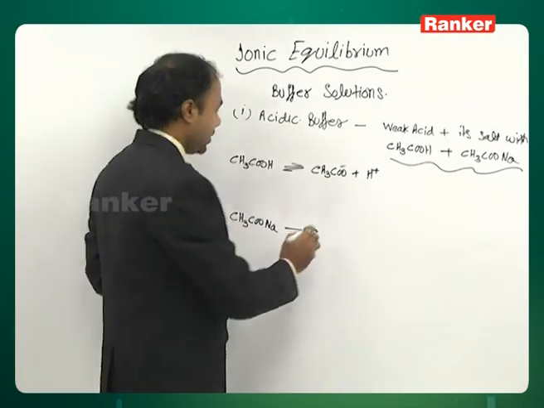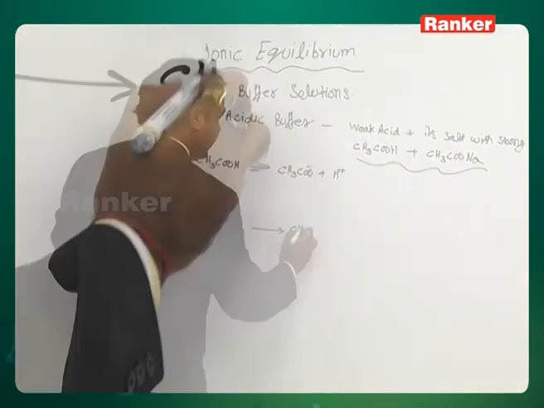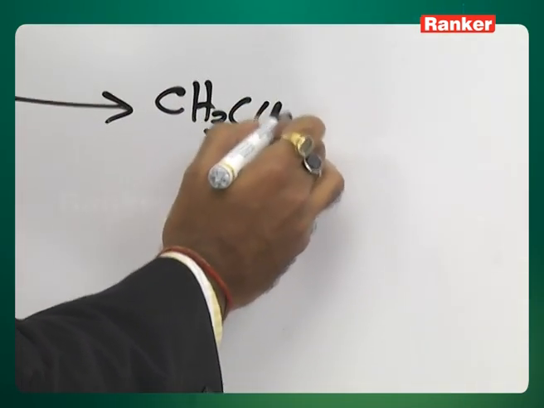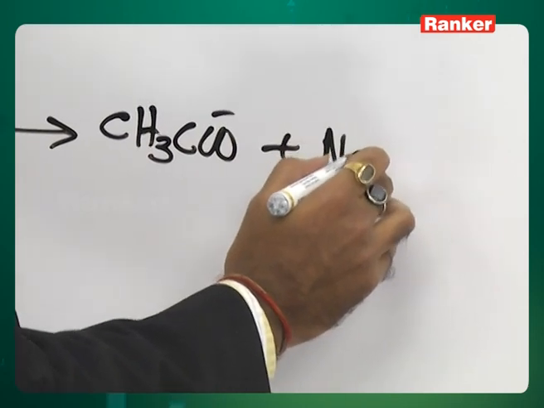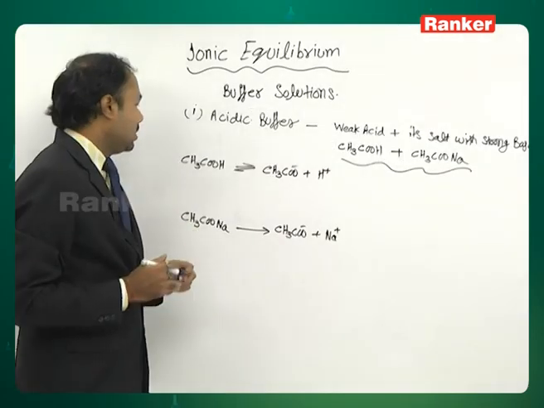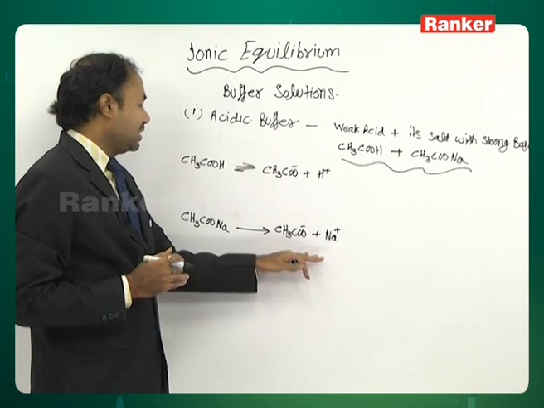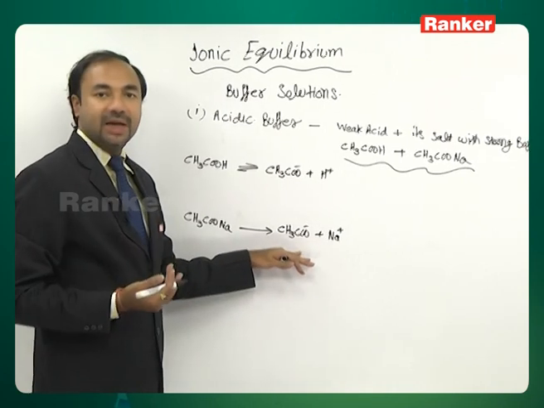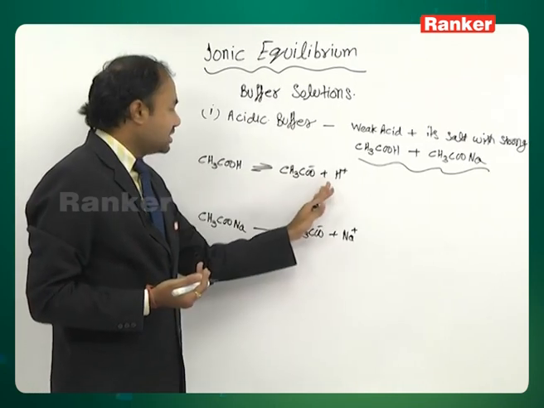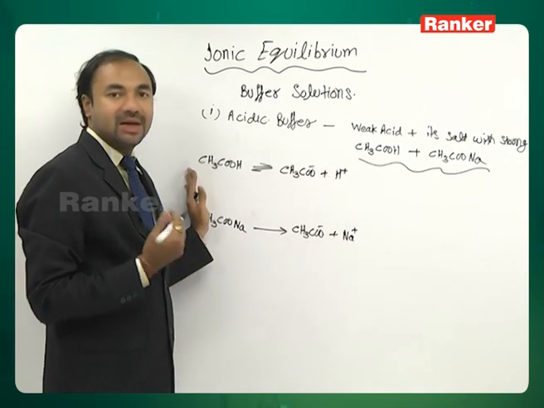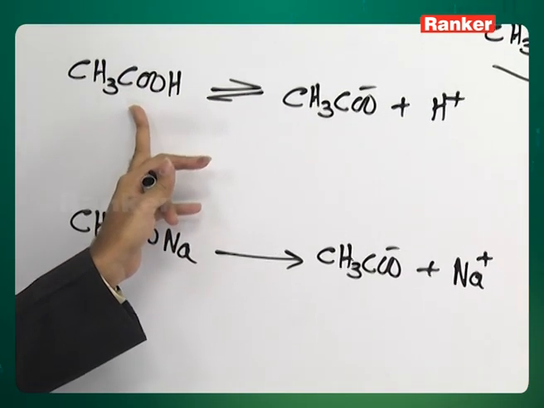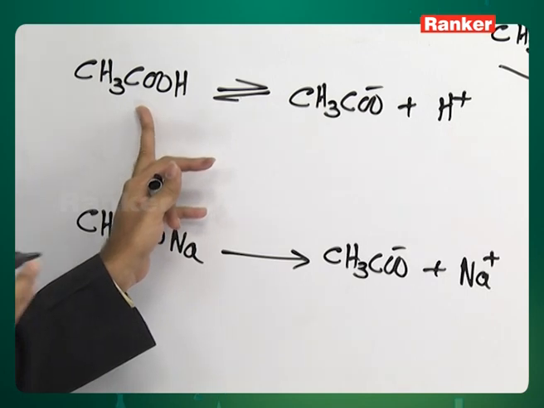So we get here acetate ion and sodium ion. Now, one thing to understand here, in presence of acetate ion, which is a common ion as in the equilibrium, this equilibrium will shift backward. As a result, the degree of dissociation of acetic acid is going to get suppressed further.